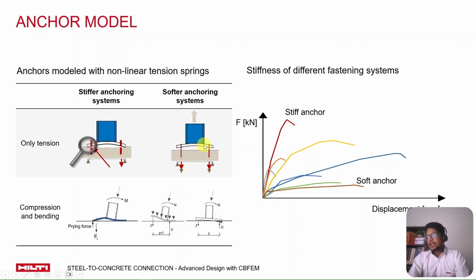So in this case, you can say that the softer system can perform much better in reducing the prying effects, and hence the increase in the anchor loads.